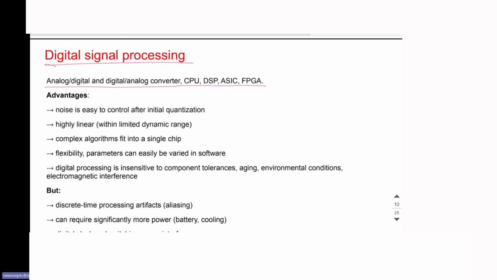I think these are familiar to you. Now, what are the advantages of digital signal processing? This is also highly linear, but within a limited dynamic range.